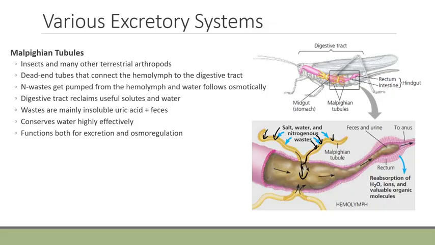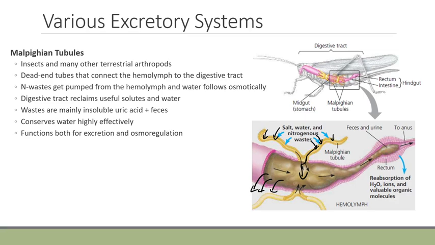We've talked about the digestive tract. It has the ability to reabsorb things, good helpful nutrients. So here's where we get to see that reabsorption step instead of seeing it happen just directly within the Malpighian tubules.